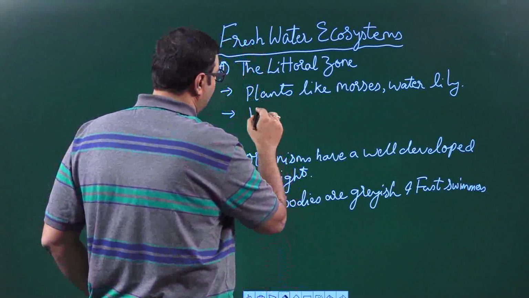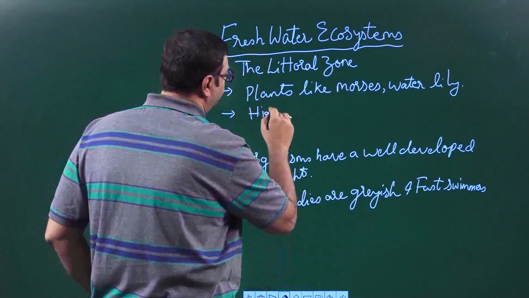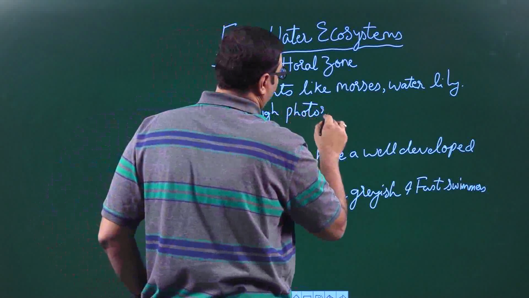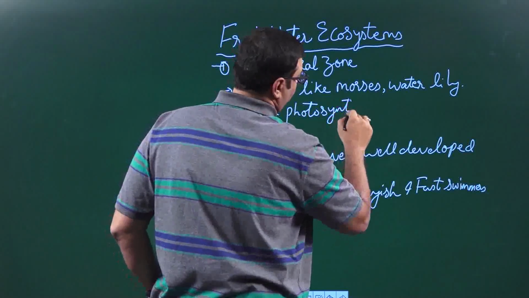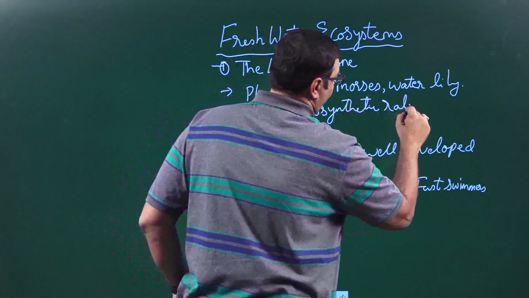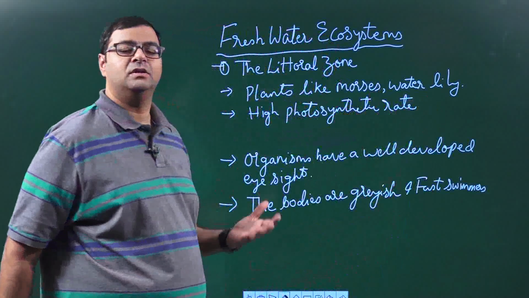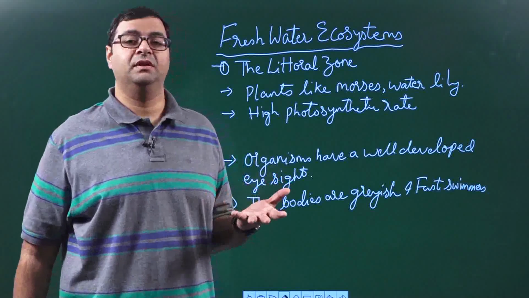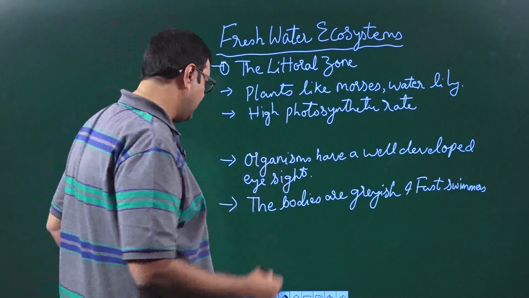Because you can see plants, there is a high photosynthetic rate. The littoral zone is a zone where most of the plants are found and the photosynthesis rate is very high.